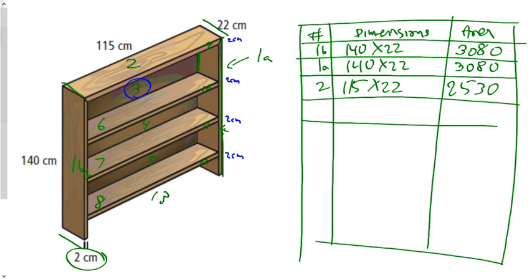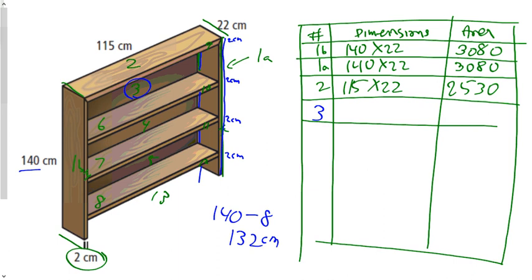So number 3, I'm going to write 3. And I'm going to say if the whole part here, and I'll do another blue line, is 140, because it's right here, then 140 take away 8 is going to be 132 remaining centimeters.